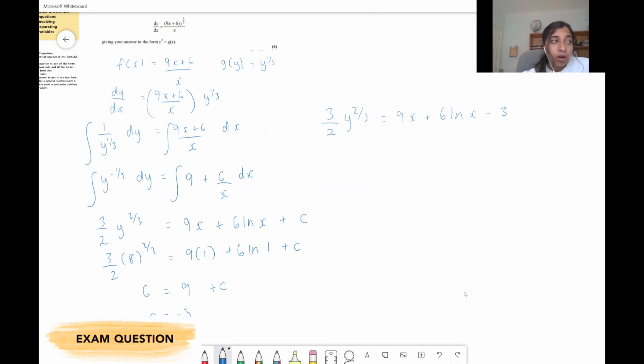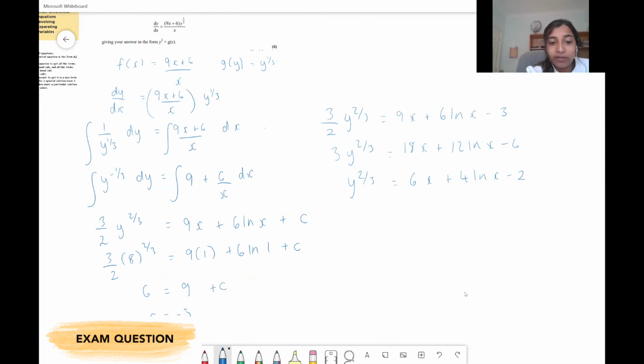Firstly, we can multiply everything by 2, so we get 3y to the power of 2 over 3 is equal to 18x plus 12 ln x minus 6. And now we want to divide everything by 3, so we get y to the power of 2 over 3 is equal to 6x plus 4 ln x minus 2.